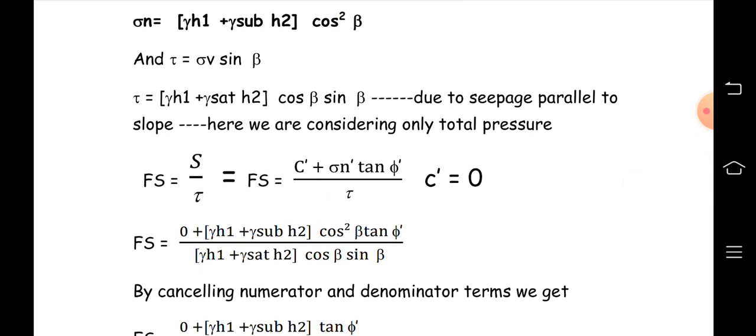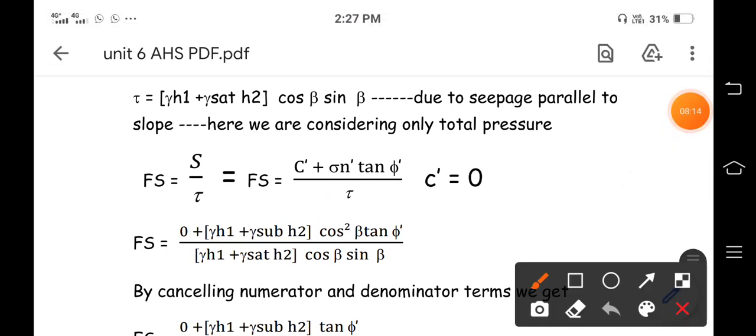So this is the value of sigma n, into tan of phi dash, upon the value of tau. This is the value of tau, that is gamma H1 plus gamma saturated H2 into cos of beta sine of beta.